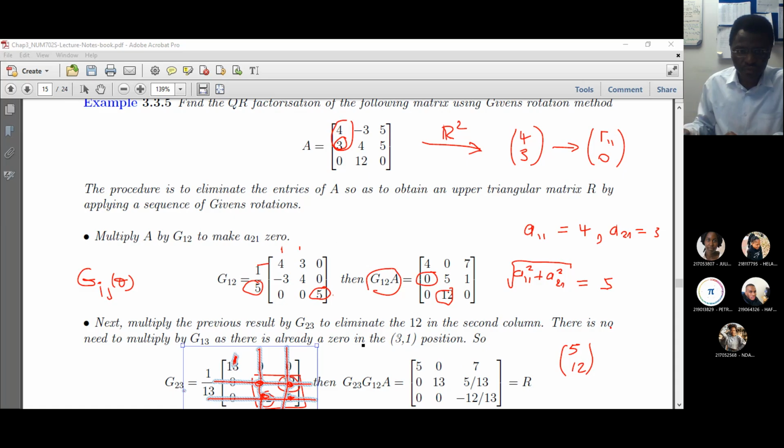Okay, so we are asked to perform the QR factorization via Givens rotation, or using Givens rotation.